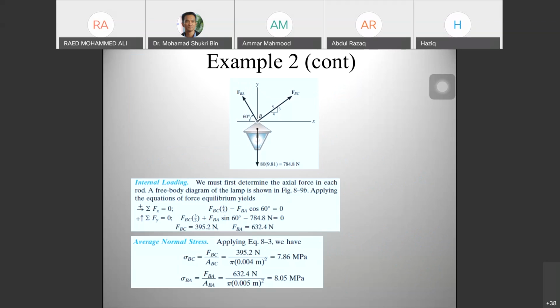If no question, we go into more complicated questions. Let's say we have a member AC with a vertical force of 3 kilonewton.